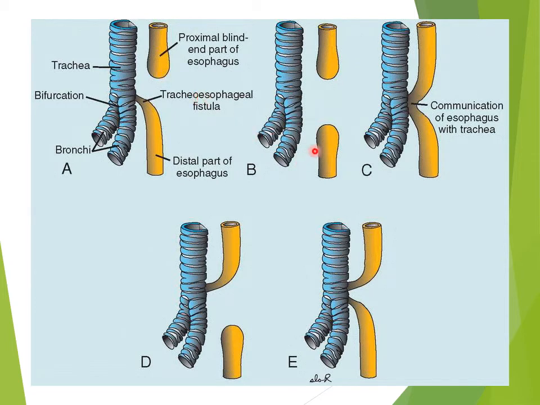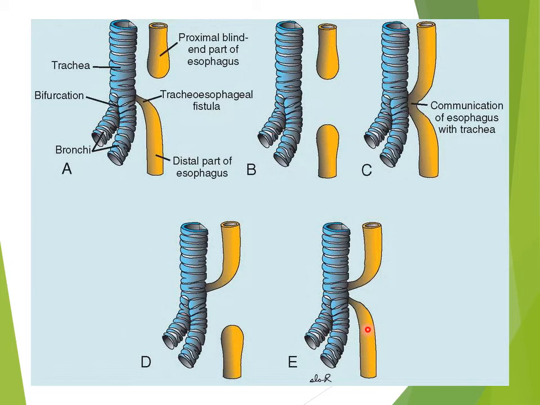So the atresia, stenosis, and this sort of tracheoesophageal fistula with a proximal blind-ended esophagus are associated with polyhydramnios. Again here there is no fistula, but the esophagus shows proximal and distal blind ends. This is an H-shaped communication, where both proximal and distal ends communicate with the trachea. Now here, only the proximal esophagus has the communication, but the distal end is a blind-ended esophagus.